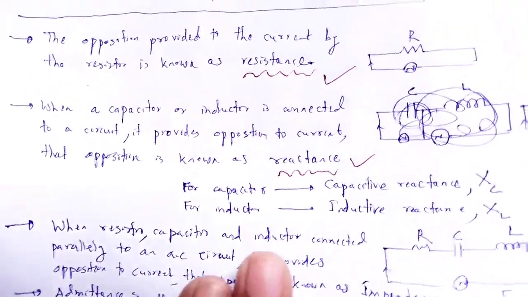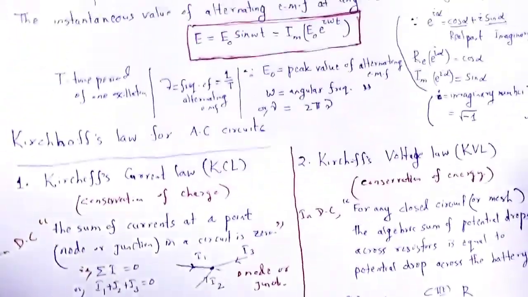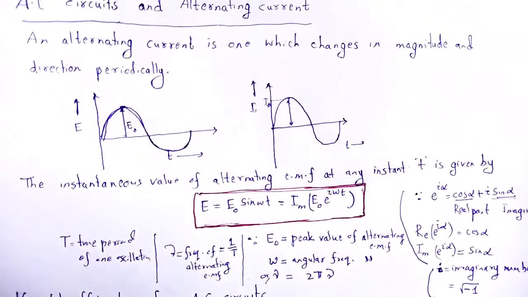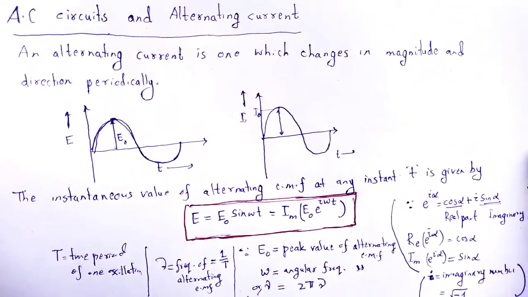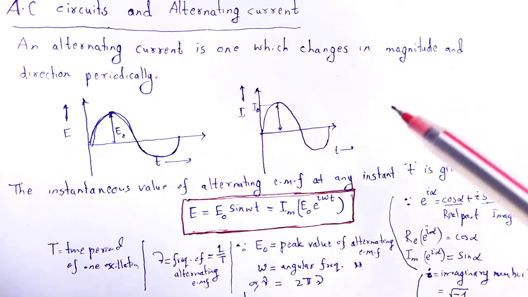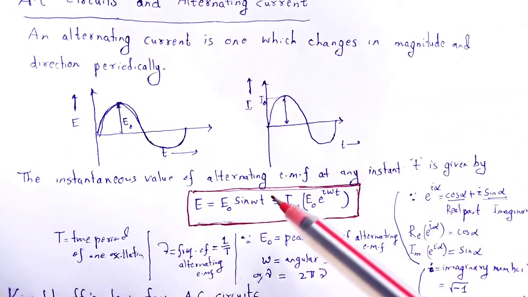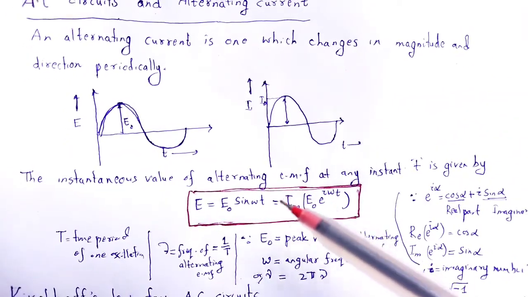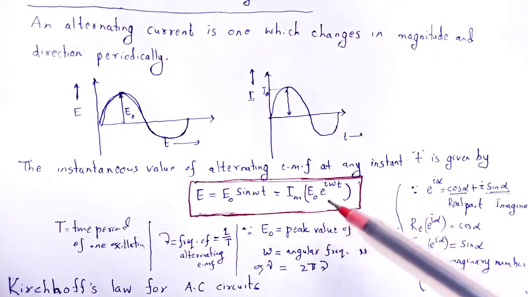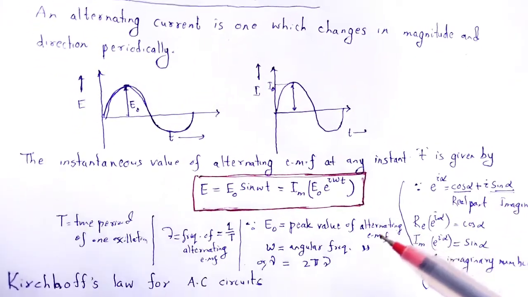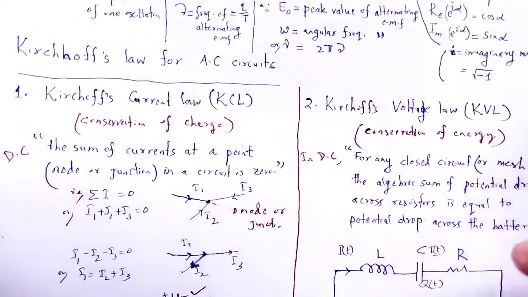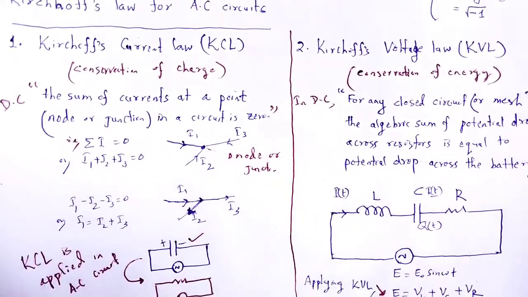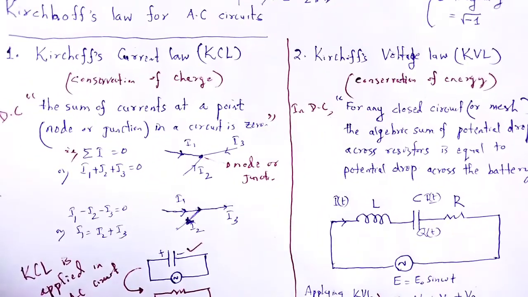So, with the help of this video lecture we understand the introduction to AC circuits and alternating current, how the instantaneous value of current or voltage can be given, and the terms. Can we use Kirchhoff's law in case of AC circuits?